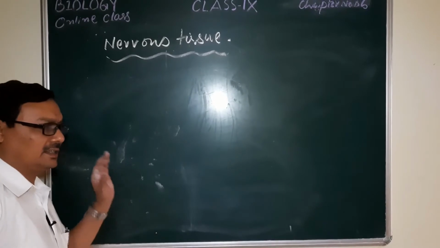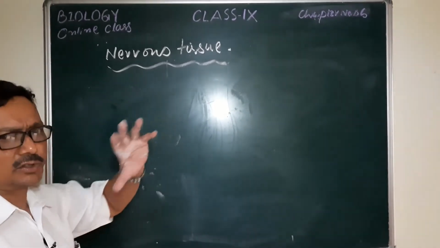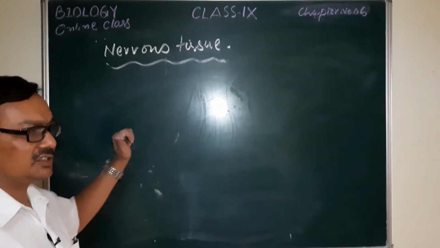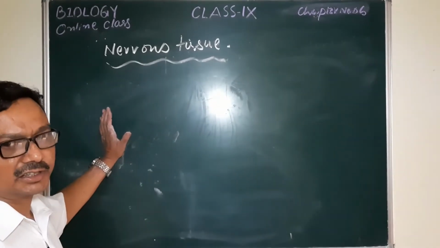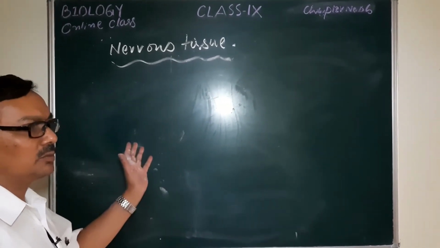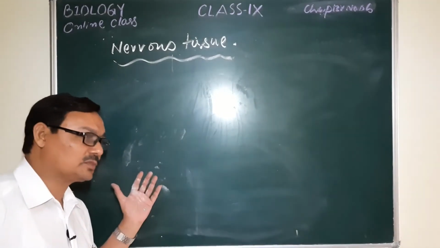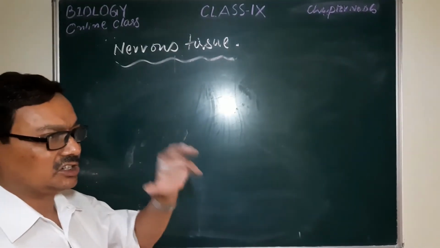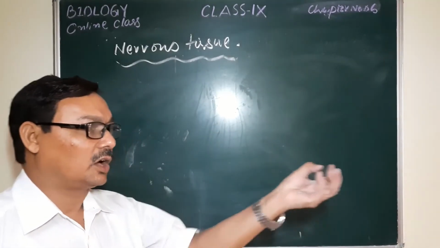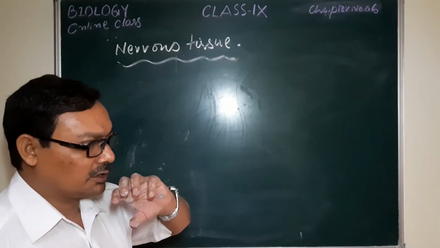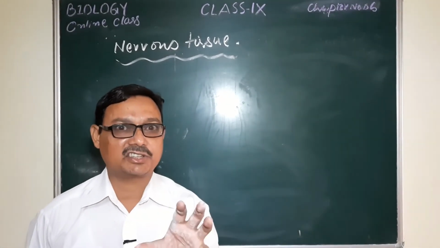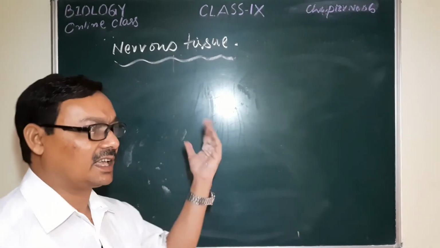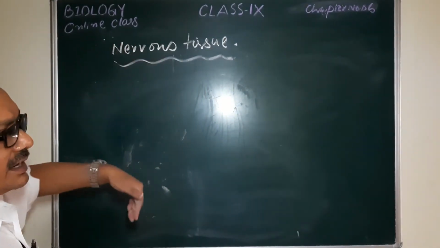Each and every organism, and the cell, also has the ability to respond according to external environmental changes. How this change comes to the body, how it comes to the cell, how it communicates, and after communication, after interpretation, according to the stimuli, according to the message, according to the information, the body will take response. That is all related with the nervous tissue.